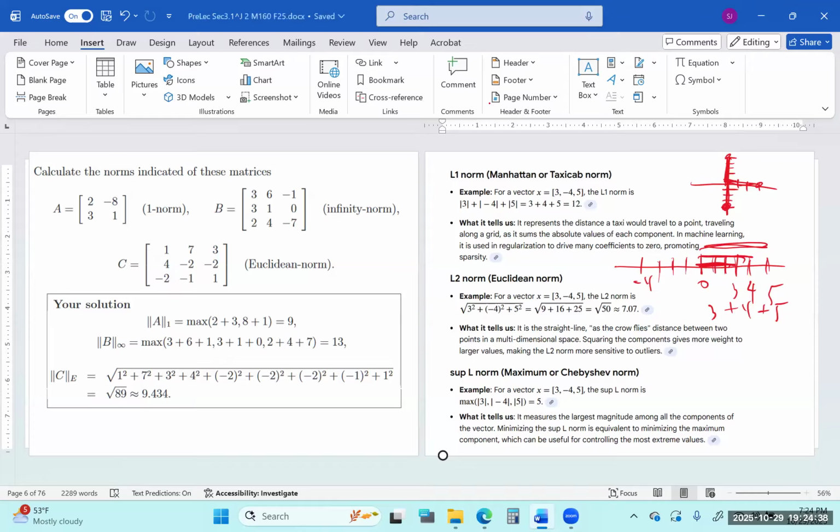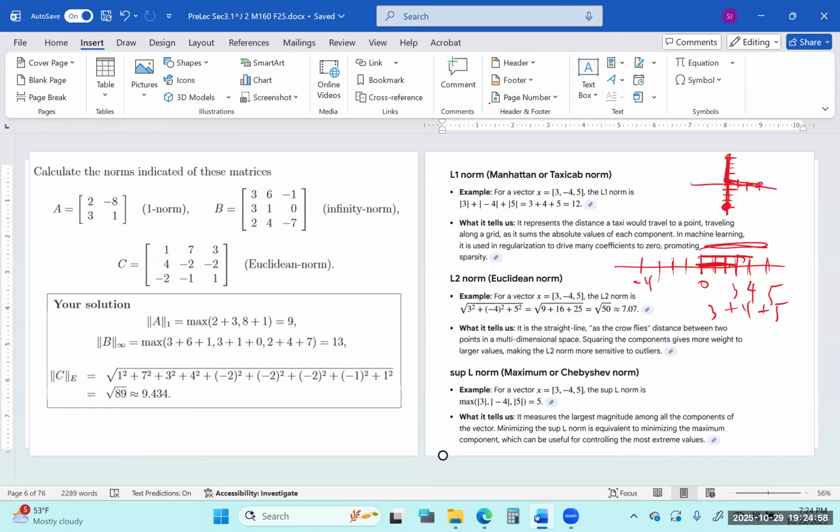So from 0 to 3, you are crossing 3 units. From 0 to 4, you are crossing 4 units. From 0 to 5, you are crossing 5 units. So in total, how many units did you cross? 3 plus 4 plus 5, 12. So probably this is what it means, moving along the grid line.